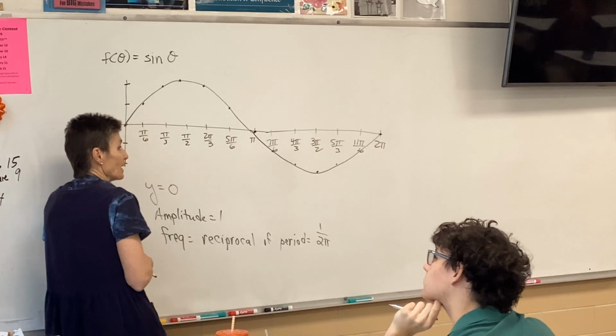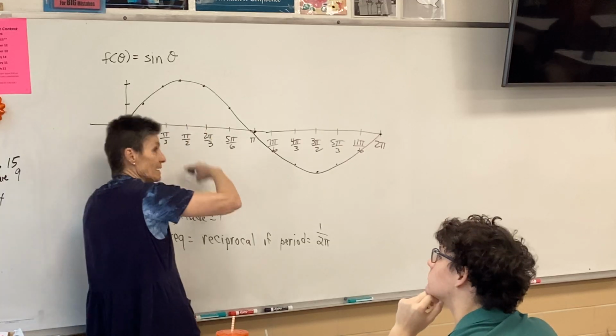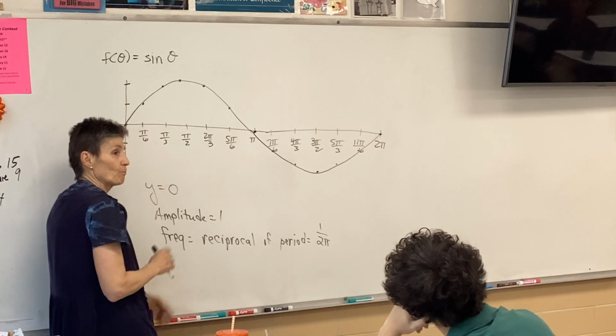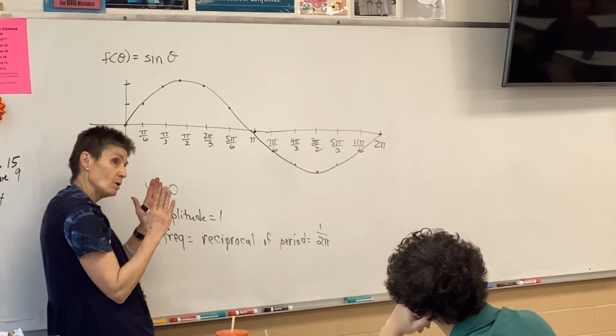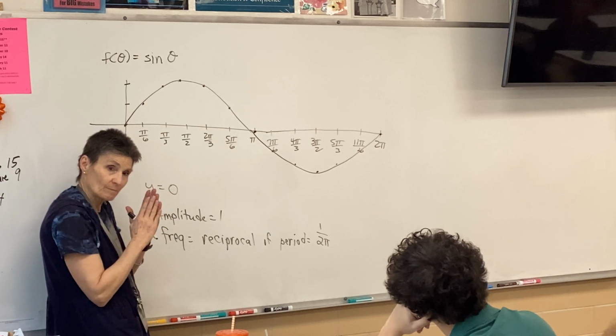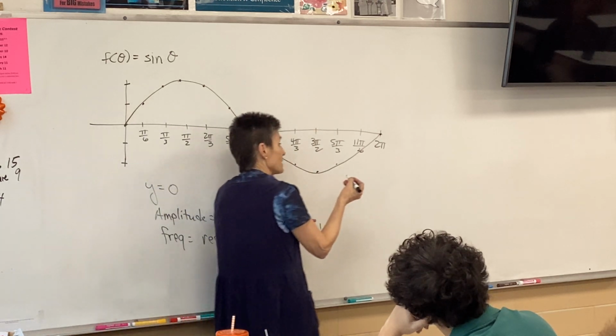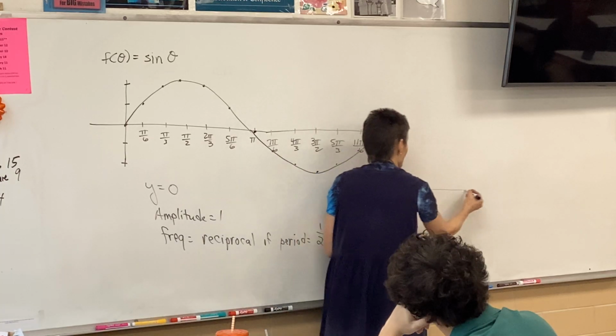Now, amplitude deals with the size of the waves. Frequency deals with how close together they are, okay? So quickly over here, I'm gonna try to explain this notion of frequency.